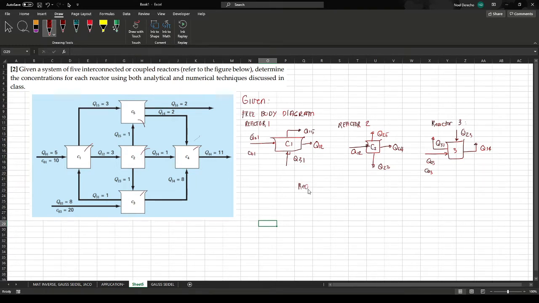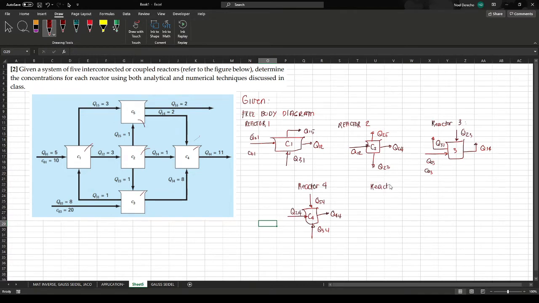Reactor 4, we have here C4, going in Q54, going out Q44, going in Q34, then going in Q24.